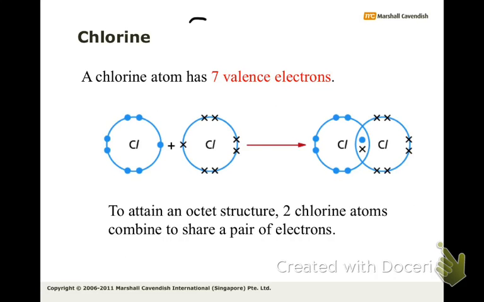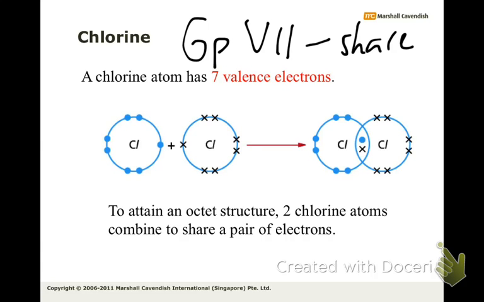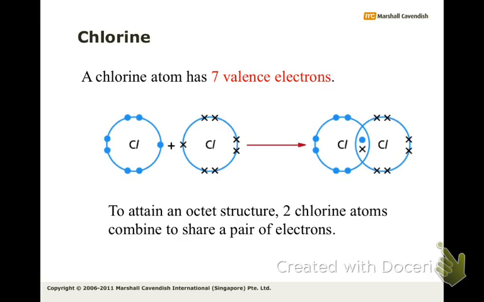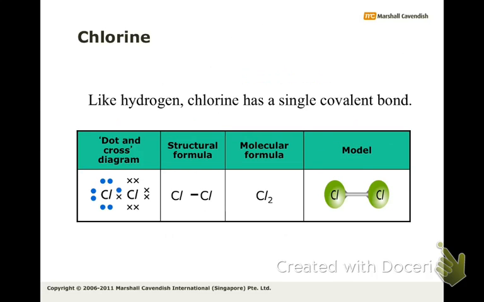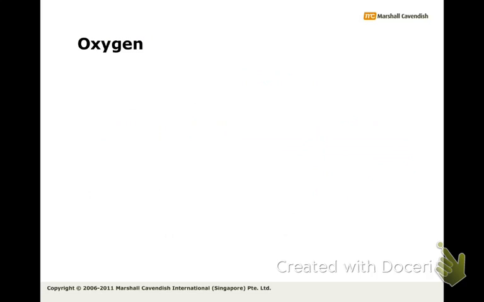So for group 7, share 1 pair of electrons. For group 6, later on we talk about group 6. Be patient a bit. So group 7 will share 1 pair of valence electrons. It will form again a single covalent bond. So you denote it by 1 dash, like that.